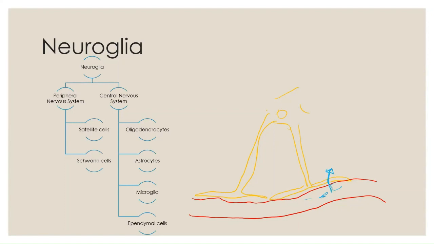So this acts like a barrier to prevent other toxins and unnecessary material entering the brain. So this acts as a barrier, and it's called the blood-brain barrier. So this is the function of the astrocytes.